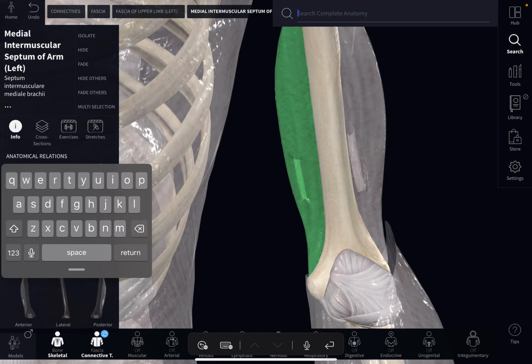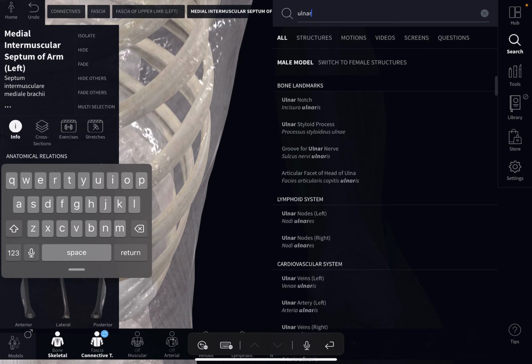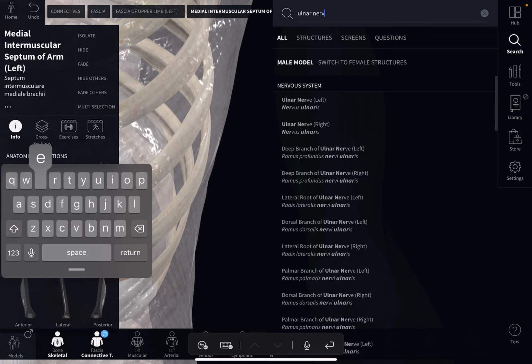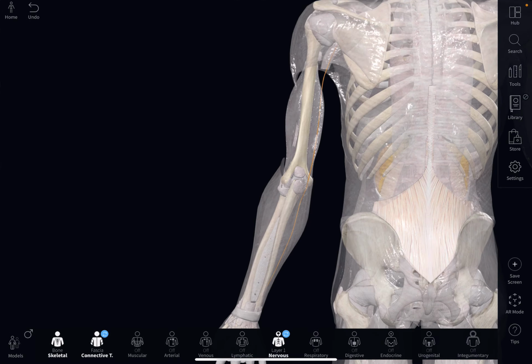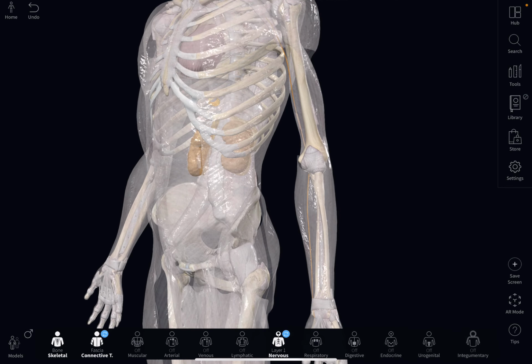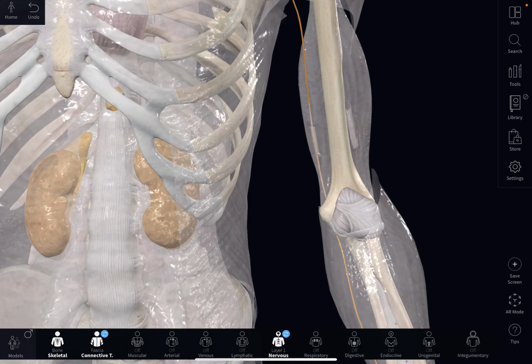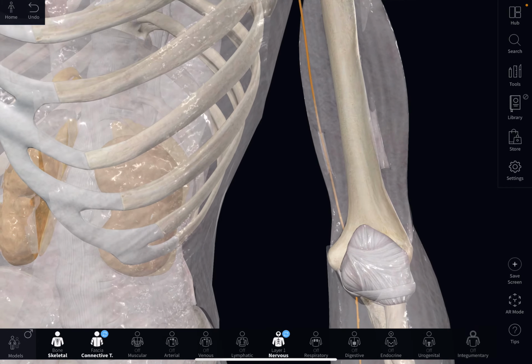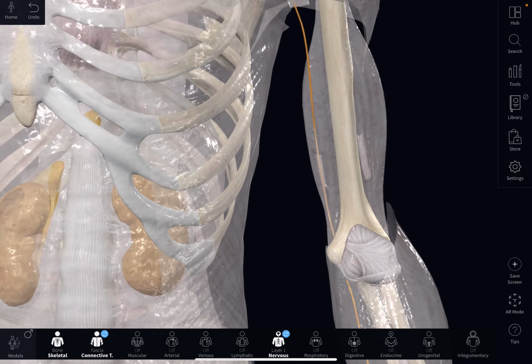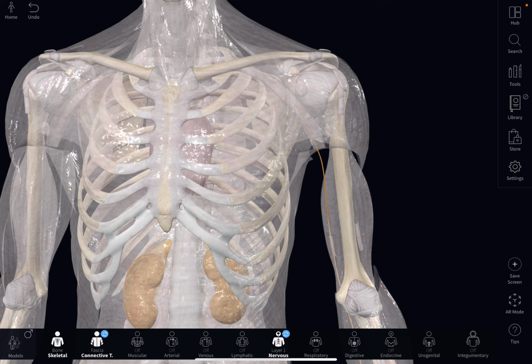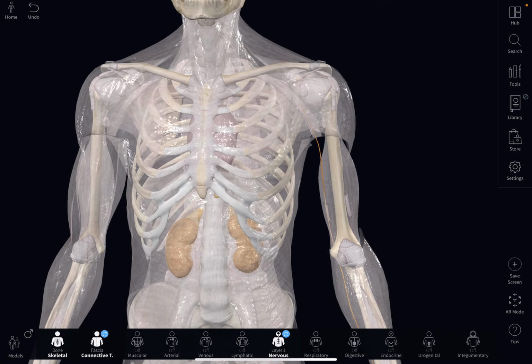Now let me find the ulnar nerve. So this is the ulnar nerve of the left side. Do you see the medial intermuscular septum getting pierced by the ulnar nerve here, right? This nerve is the ulnar nerve that is piercing the medial intermuscular septum.